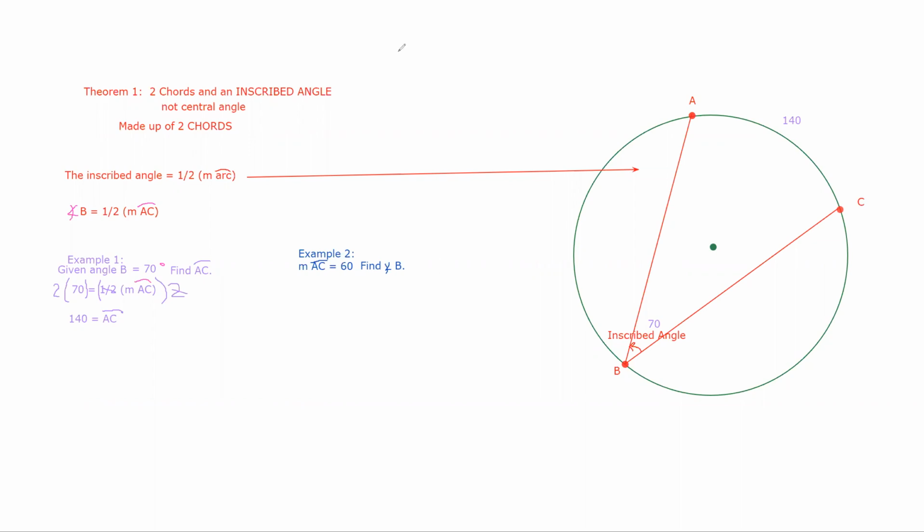Find angle B. So here's example 2. Out here is 60 degrees. Find angle B. So angle B equals 1/2 the measure of arc AC, which is 60. Angle B equals 30 degrees.